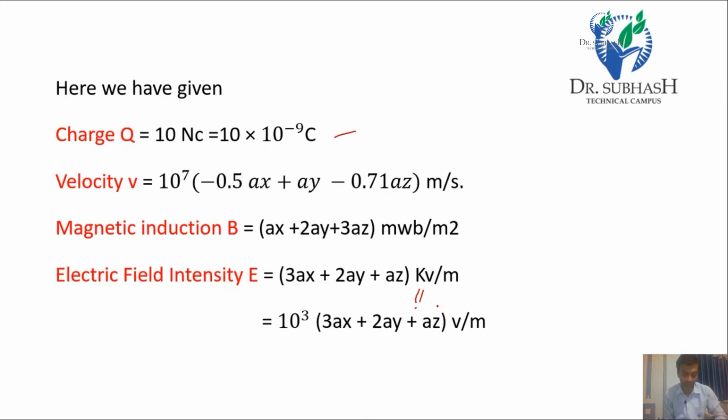First of all, we find the magnetic force Fm due to B. We know that the magnetic force Fm can be represented by QV × B. Here Q is a scalar quantity, V is the velocity, which is a vector, and B is the magnetic field, which is a vector.